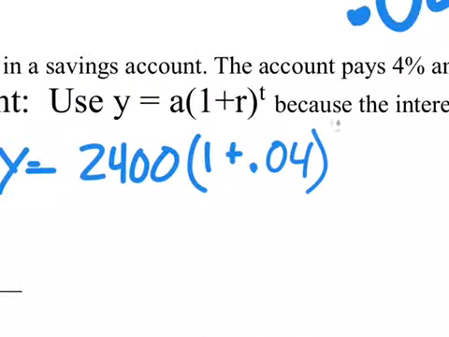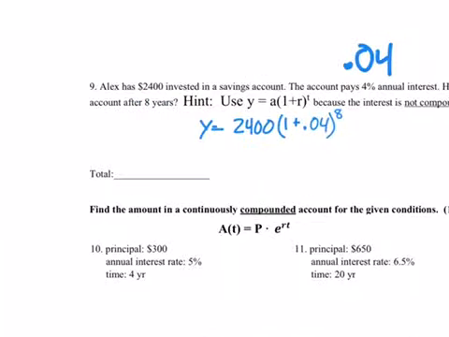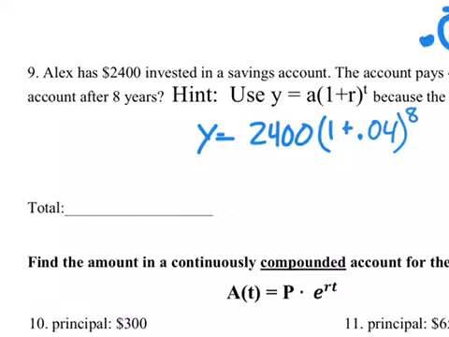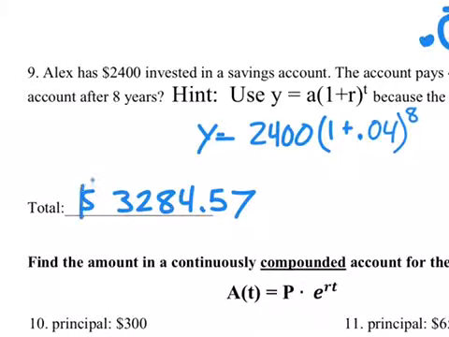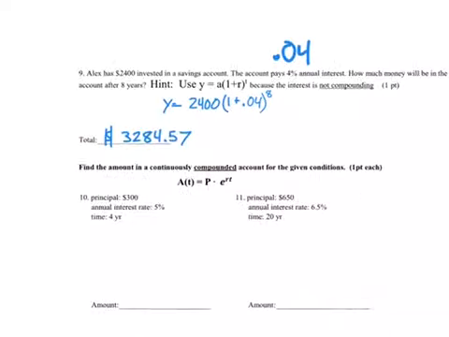And as we raise that up to an exponent of 8, that's what we'll be typing in to figure out how much money is earned after 8 years. If we type that in on the calculator, we'll see that we have now earned a total of $3,284.57 as we round there.